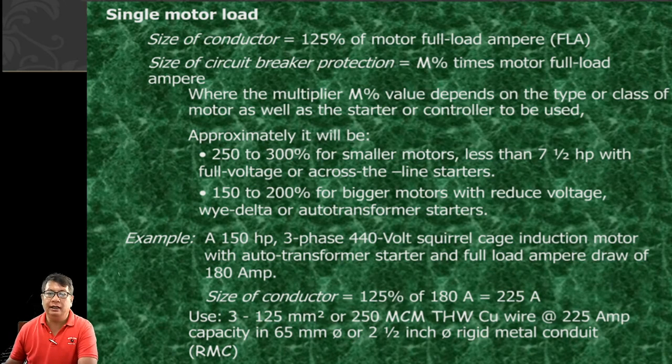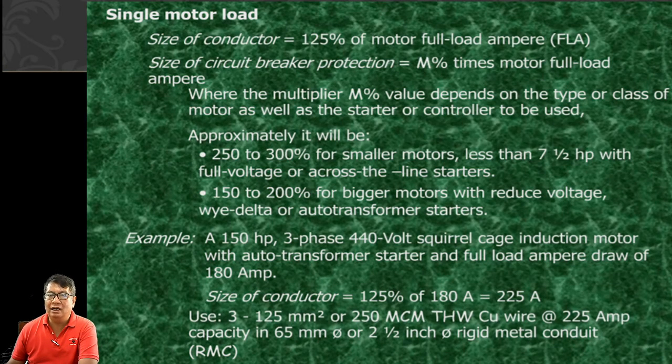Unang-una, for the single motor load, yung isa lang yung motor natin. Size of conductor, 125% of the motor full load amperes. Full load amperes, full load current, yun ang i-multiply natin ng 125%, or increase that by 25% from the full load current. Size of circuit breaker protection: a multiplier in percent times the motor full load current. Yun ang sa protection natin.